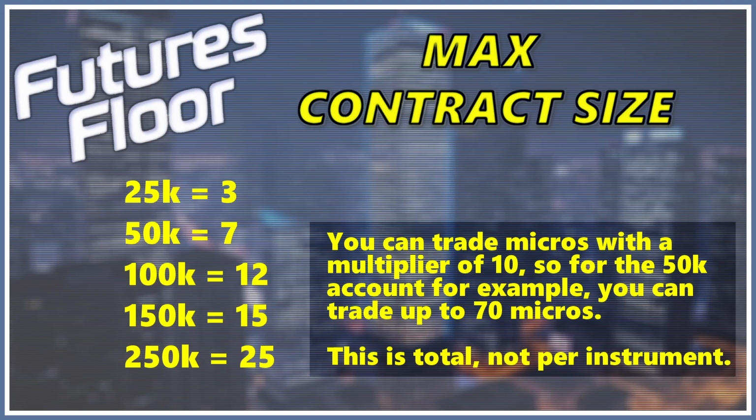The 150K is 15 contracts, and the 250K is 25 contracts. You can enter micros with a multiplier of 10. So for the 50K account, for example, since the max contract size is 7, you can trade up to 70 micros. This is total. It's not per instrument.